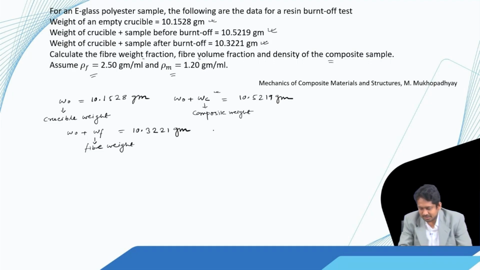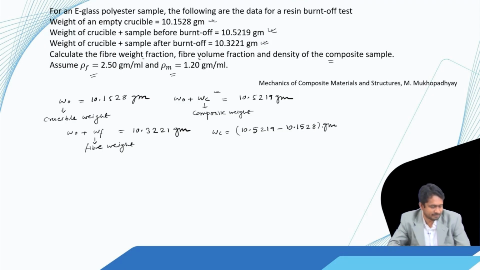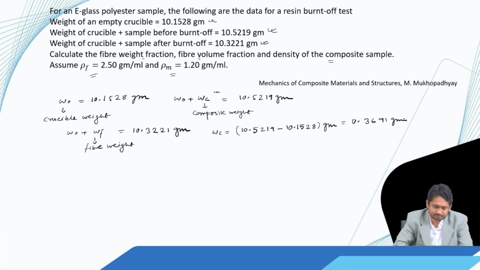If I subtract this W0 from this, we will get the composite weight. So, composite weight is going to be 10.5219 minus 10.1528 gram, and that weight is found to be 0.3691 gram.